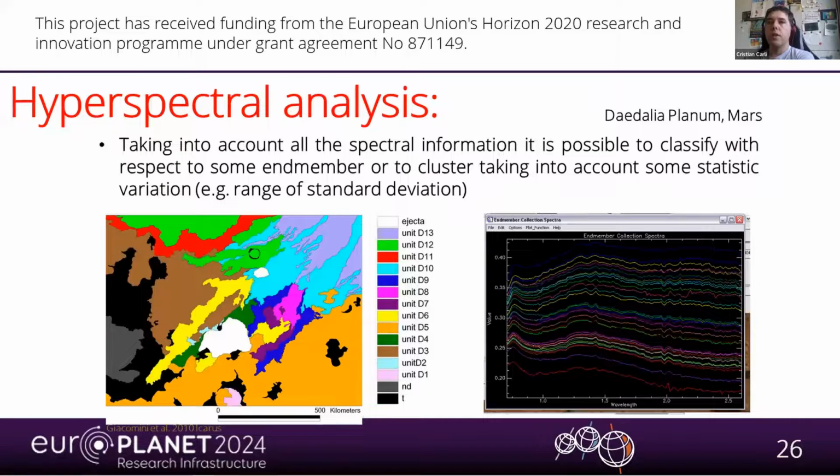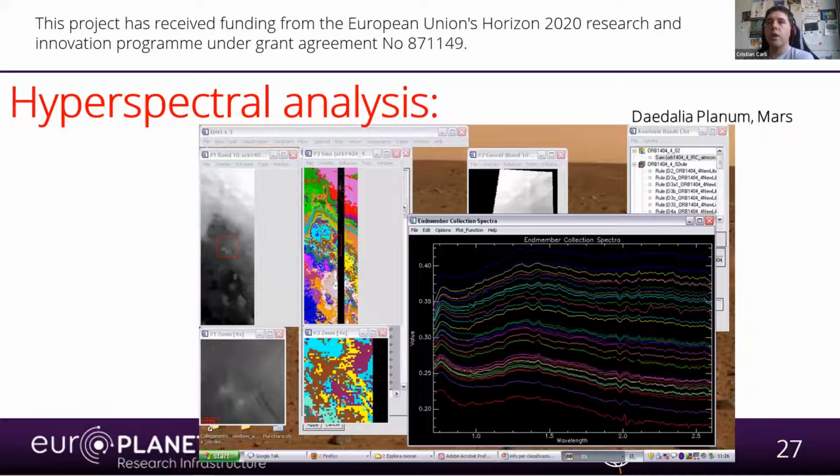So using this kind of approach, we can define spectra that describe the variegation of the surfaces, and thanks to this classifier, evidence where each end member is allocated.